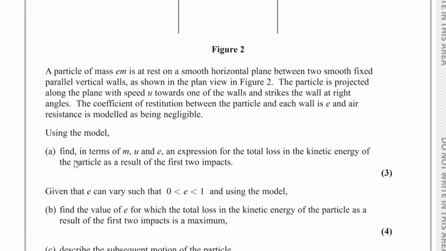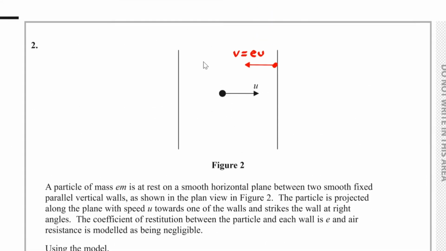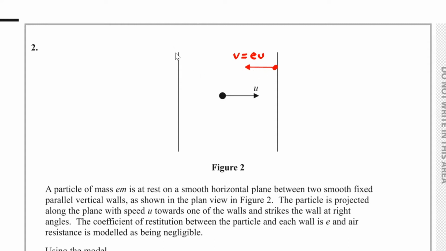Now, after that, it approaches this wall with speed eu, and so it would rebound off the wall with speed w, say.